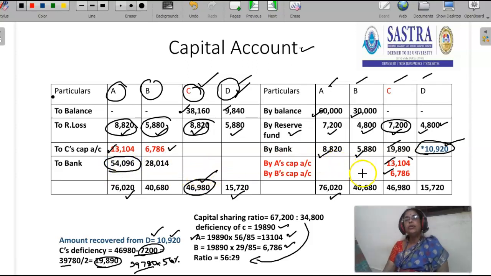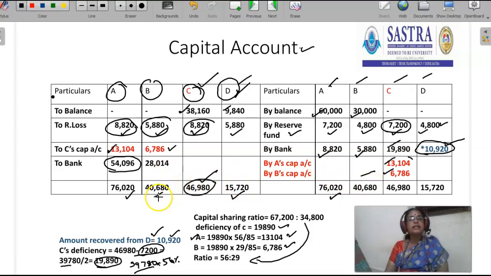Then go to B. 40,680 is the total. Here the total, if we total, the amount is lesser than that of the debit side, so we consider this amount 40,680.